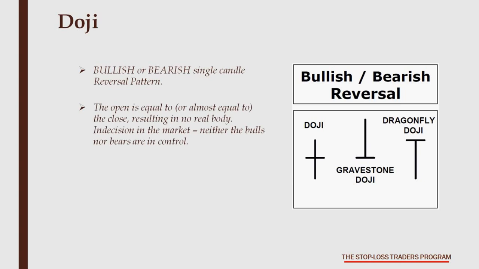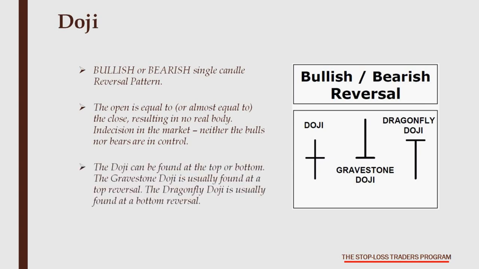The open is almost equal to the close in such a candlestick pattern, resulting in no or very small real body, very tiny one. It indicates indecision in the market, and it shows that neither the bulls nor the bears are in control. Neither party is in control there.